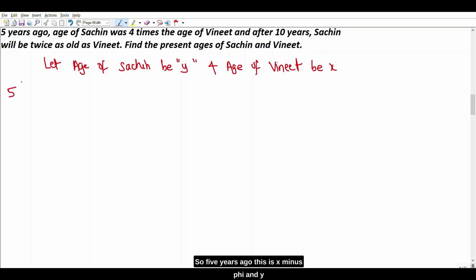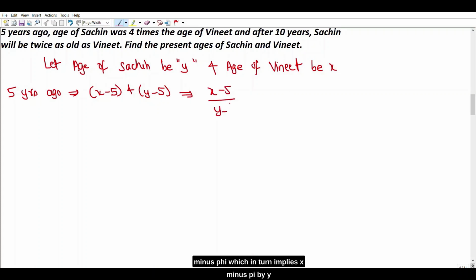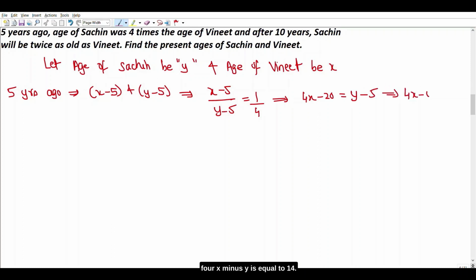So 5 years ago, this is x minus 5 and y minus 5, which in turn implies x minus 5 by y minus 5 equal to 1 by 4, which will give me 4x minus 20 is equal to y minus 5, which implies 4x minus y is equal to 15. So this will be equation 1.